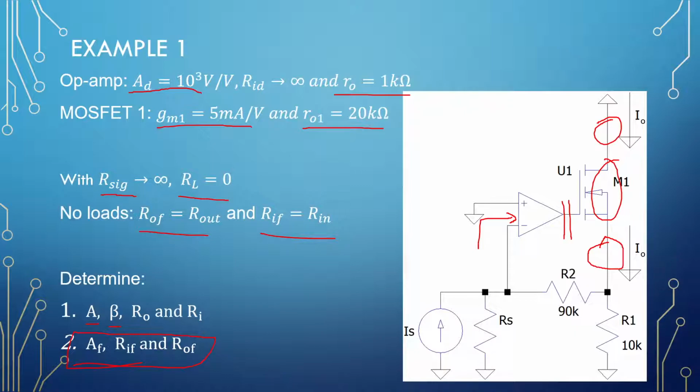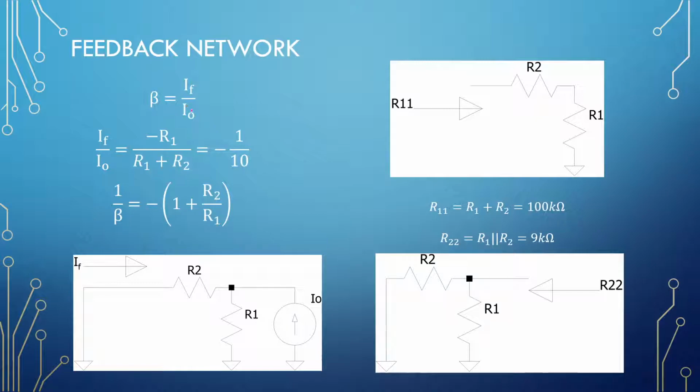Alright, so for our beta network, we should find the feedback current over the output current like this. What we see is a current division happening from the output current, and as you can see, the current I chose here and the direction that we need to choose the current when determining the feedback network are in opposite directions. So the answer will be negative.